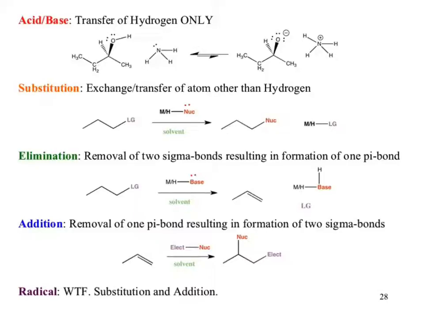You will notice within this, we get all sorts of other weird symbols popping up. LGs, nukes, bases, okay? Elect nukes. Those are in reference to the basic elements and pieces that we've discussed in the past. Okay? LG is probably the only one that's new at this point, which stands for leaving group, because what did it do in the structure or in the reaction?